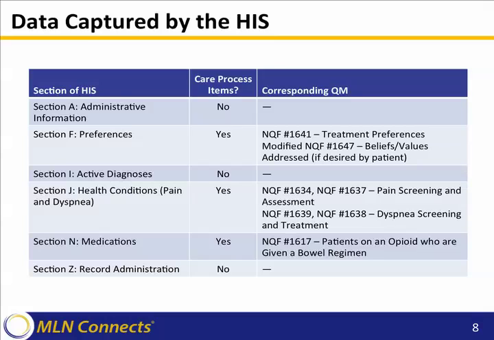The other 3 sections, Section F, Preferences, Section J, Health Conditions, including pain and dyspnea, and Section N, Medications, contain care process items that report whether and when specific care processes took place. The data captured in these 3 sections serves as the main data source for the quality measure calculations. However, data from the administrative sections, such as date of admission, are also used in the quality measure calculation.